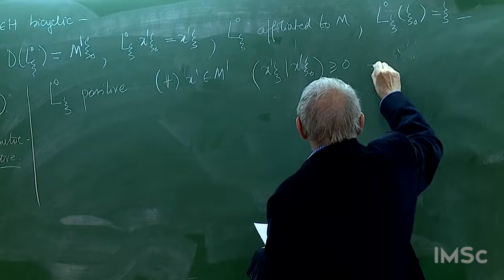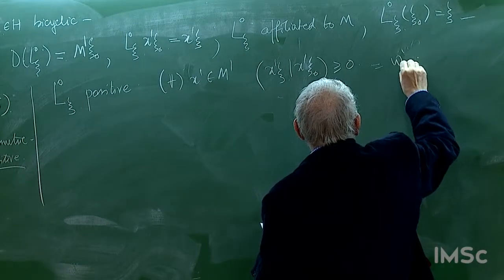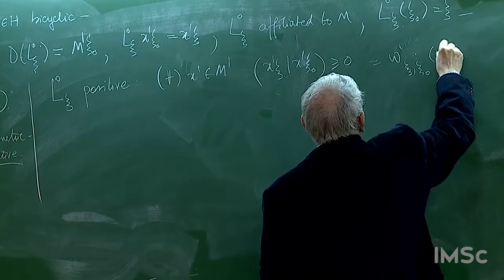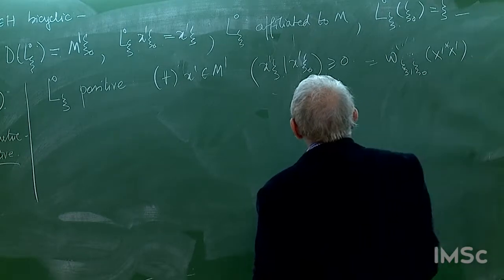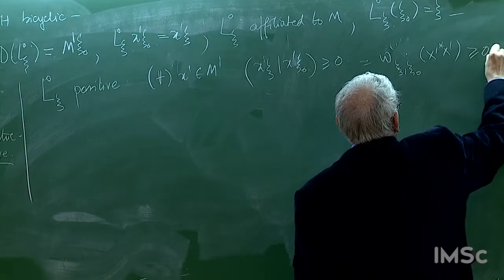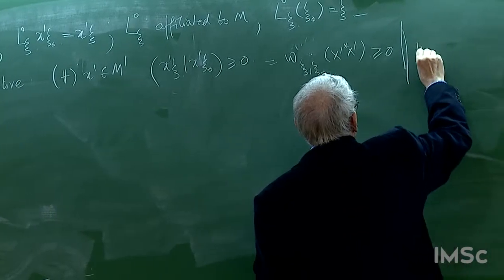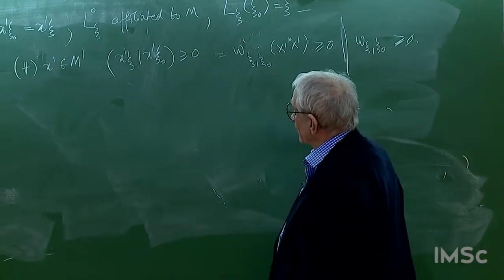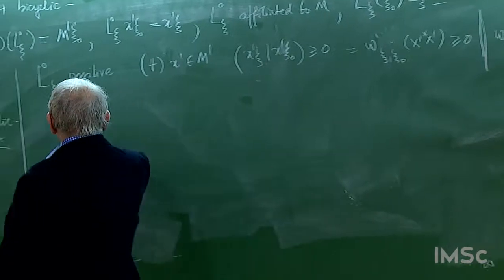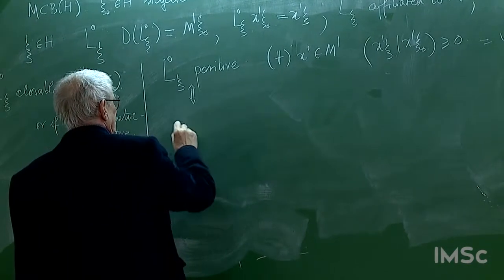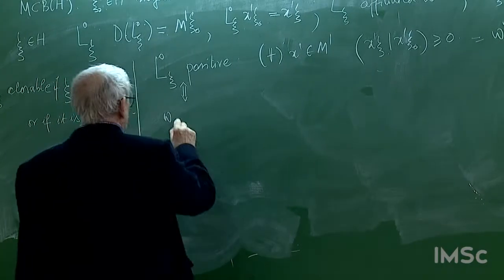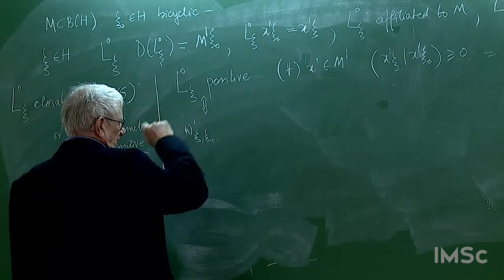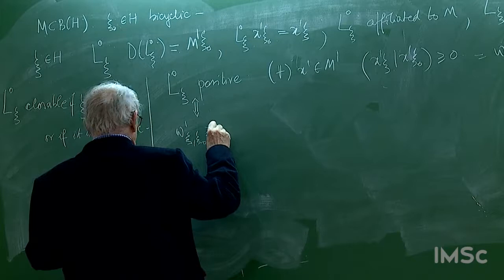And that means that the vector form omega psi 0 of x prime star x prime is positive. That means that this vector form omega psi 0 is a positive form. And so L psi 0 is positive if and only if omega psi 0 prime, because I consider this vector form on the commutant, is bigger than 0. Okay.